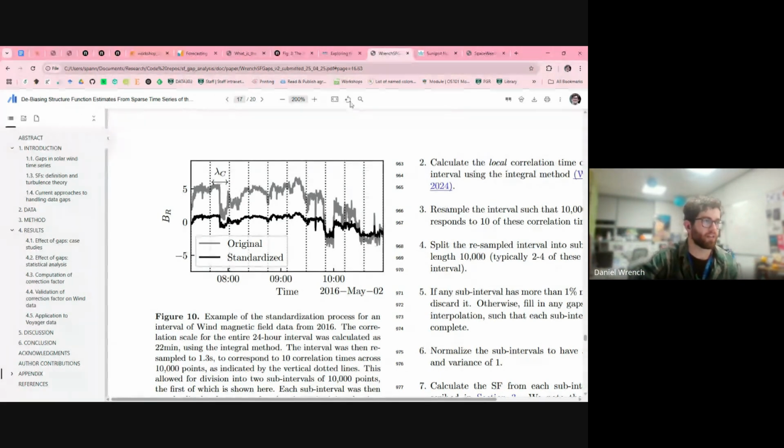So as I showed you before, talking about calculating the correlation scale, we can then use that to define the total length of the interval that we feed into the algorithm, and also the magnitude, so we can standardize that as well. So there's definitely some relationship between data transformation and physics-informed machine learning.